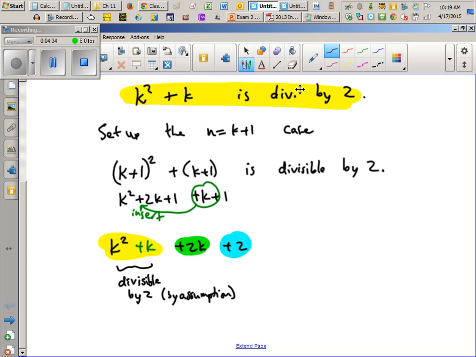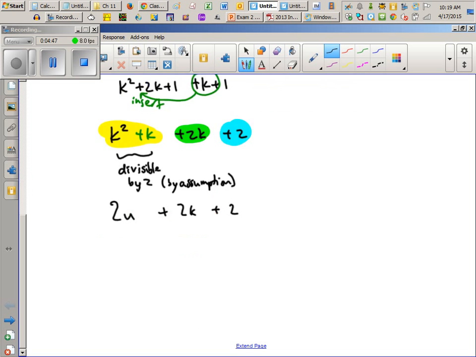Back in step 2a. So I can write that as 2 times something. Today I'm going to use 2u, u for Ume.